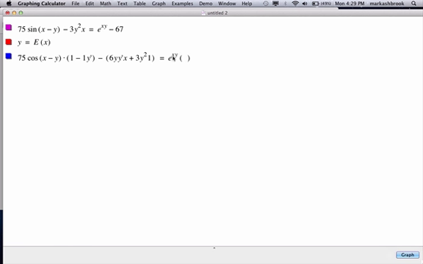Well, that's x times y, and to take the rate of change of that will be product rule. So we'll do the derivative of the first, 1, times the second, plus the first times the derivative of the second, which would be, the derivative of y would be 1, by the chain rule, y prime.